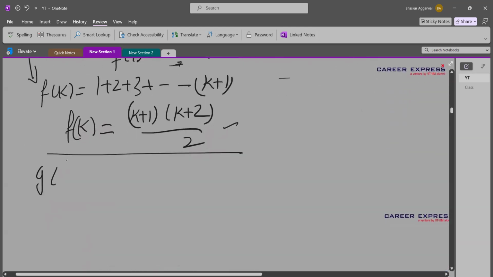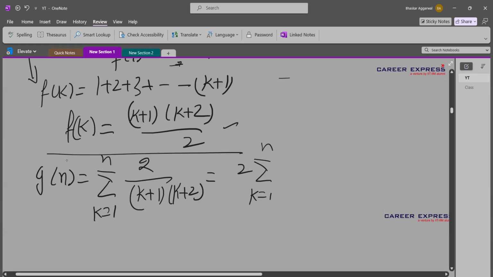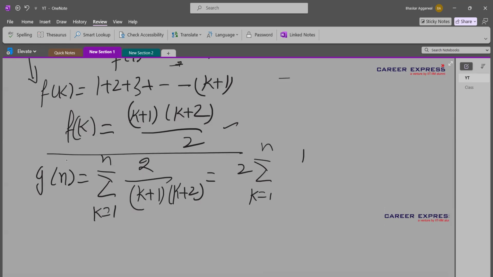So gn is sigma k equal to 1 to n, 2 upon k plus 1, k plus 2. I can take this 2 outside the sigma sign, and then it becomes 1 upon k plus 1 minus 1 upon k plus 2.